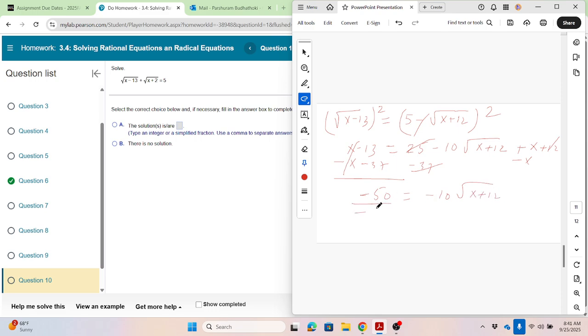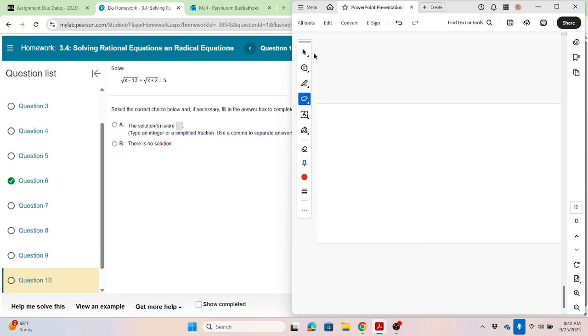Then divide both sides by negative 10, because the goal is we need to isolate this radical one more time. So that is 5 equal to square root of x plus 12. Square both sides because the radical sign is a square root. So that will be 25 equal to x plus 12, and then just subtract 12. That is 13 equal to x.